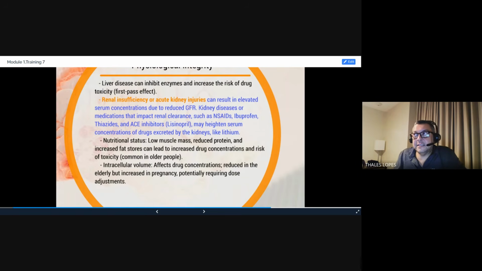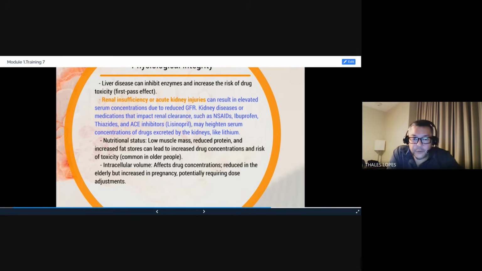Any medication that's metabolized by the kidney plus lithium, like lisinopril, thiazides, the kidney medication, right? It could cause an increase in lithium level. So I said NSAIDs could double the lithium level.